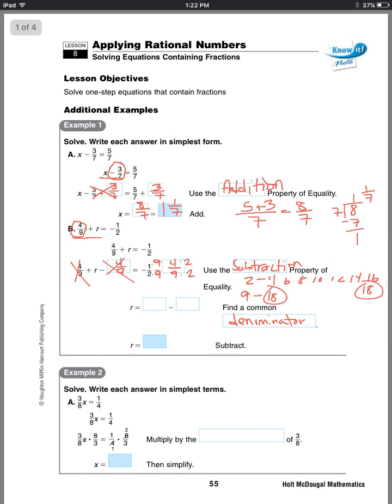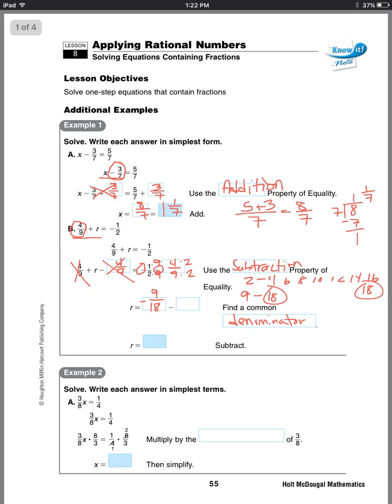Now we need to multiply to get our equivalent fractions. Now look at this and make sure you remember there is a negative right there. So it's not just 9/18 when we do 1 times 9 and 2 times 9. We have to put a negative there. And then there's a negative in there.